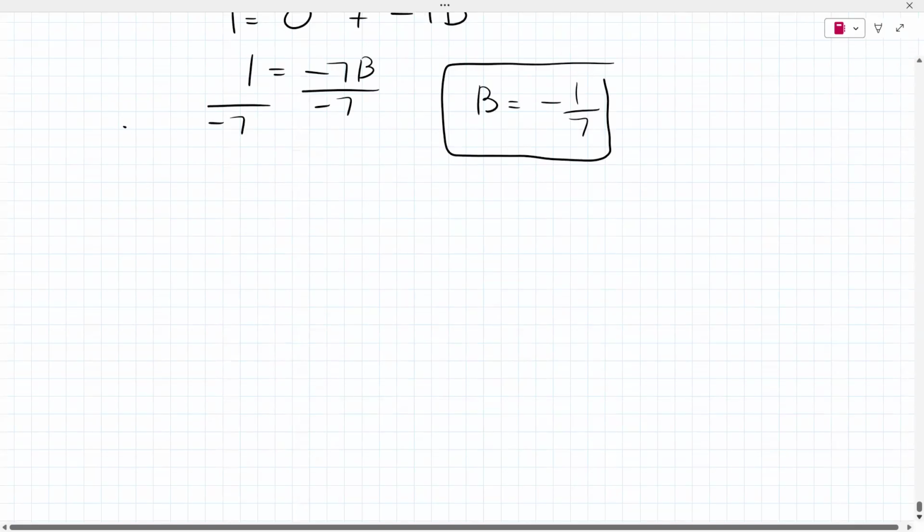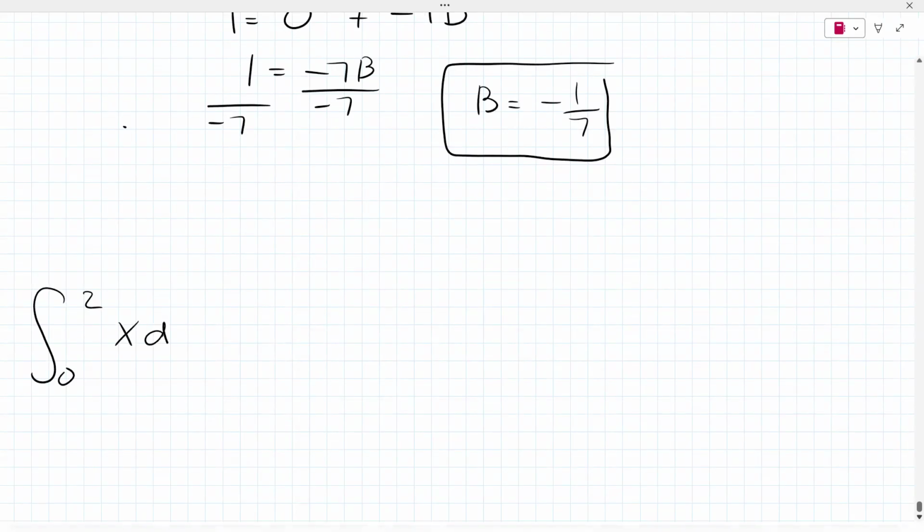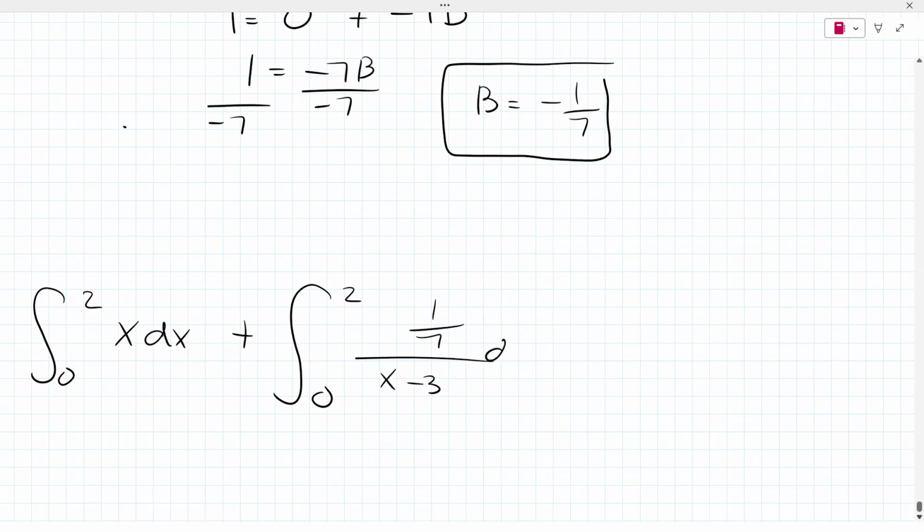So this is going to be the integral from 0 to 2 of x dx plus the integration from 0 to 2 of 1/7 over x minus 3 dx plus the integration from 0 to 2 of -1/7 over x plus 4 dx.